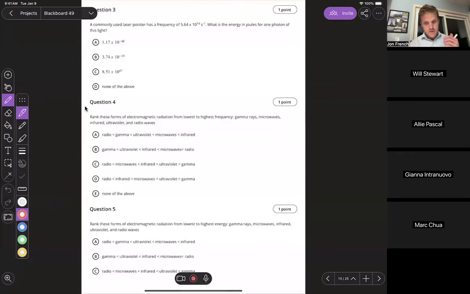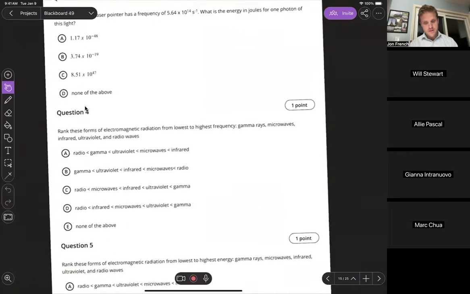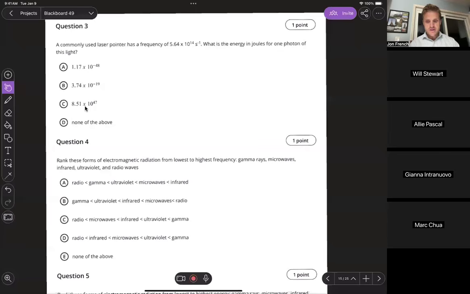All right, question three. A commonly used laser pointer has a frequency of 5.64 times 10 to the 14 inverse seconds. What is the energy in joules for one photon of this? So we have to know the equations, right? There's only a handful.